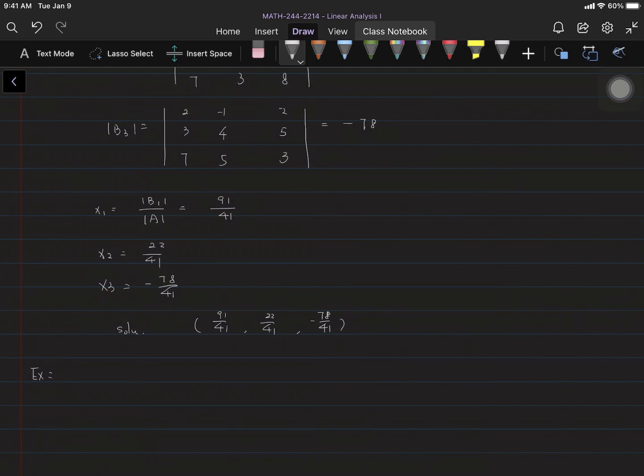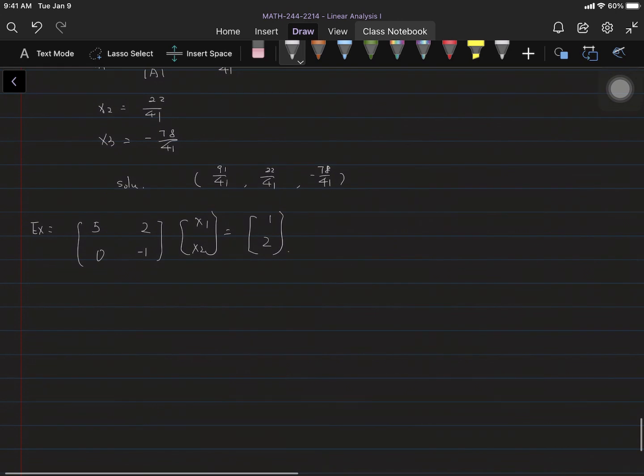You can use a calculator to find the determinant if you want. But let's just do 2 by 2. Okay, let's do 2 by 2. 0, negative 1, and times x1, x2 equals 1, 2. Let's solve this one. Find the solution using Cramer's rule.